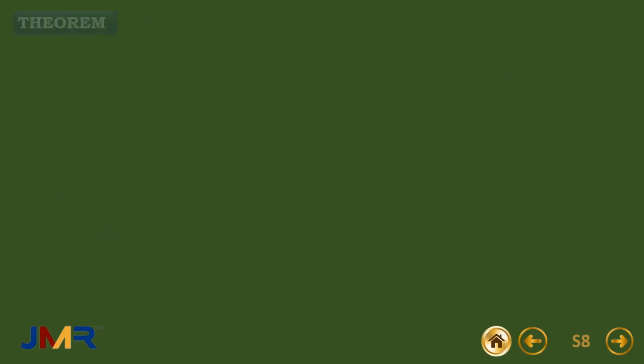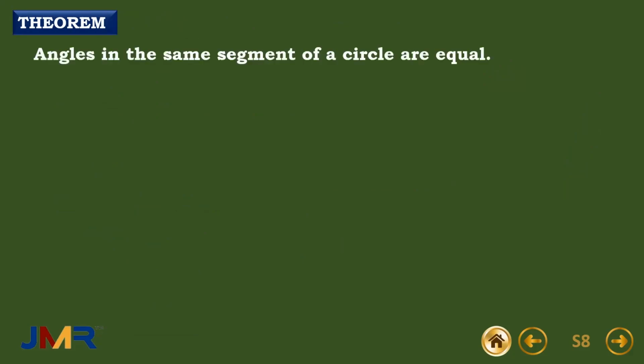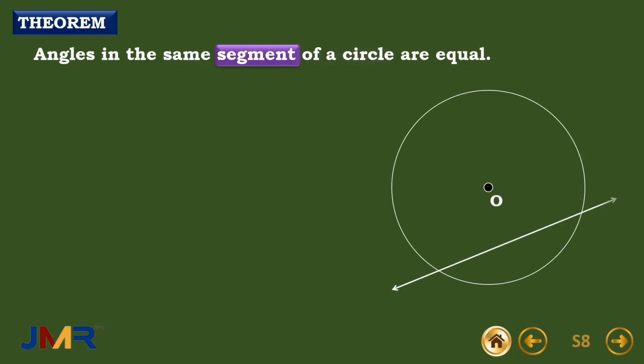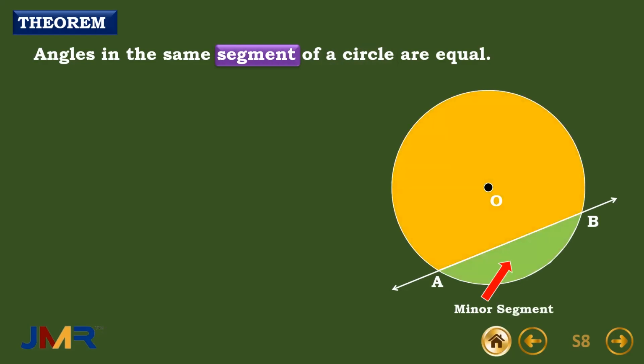Let us go further. Let us learn an interesting theorem. Angles in the same segment of a circle are equal. That means what? Let us see. There is a circle. There is a segment AB. This is the minor segment, and the segment which contains the center is the major segment.